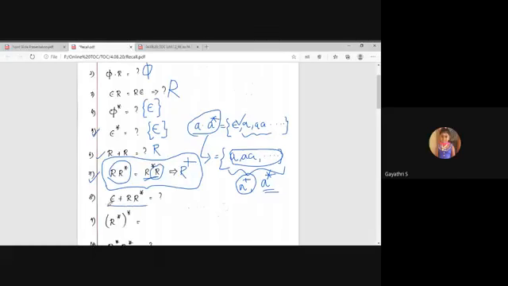Next, the eighth part. What is the result of the eighth one? R closure.